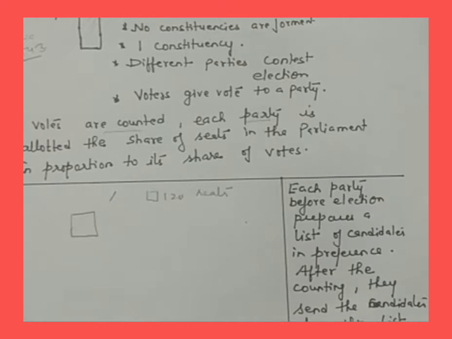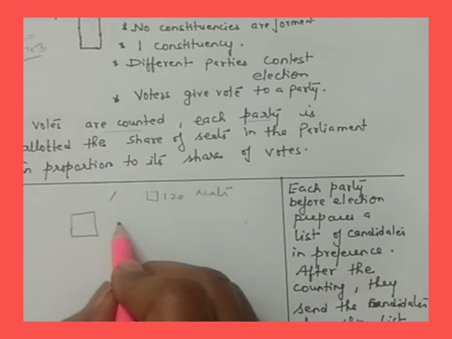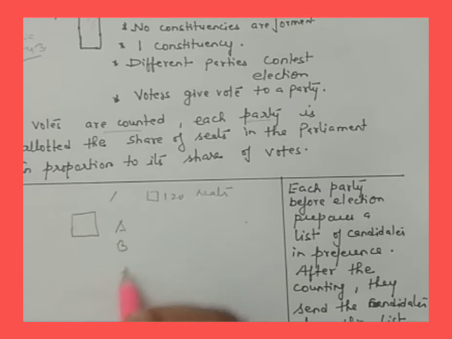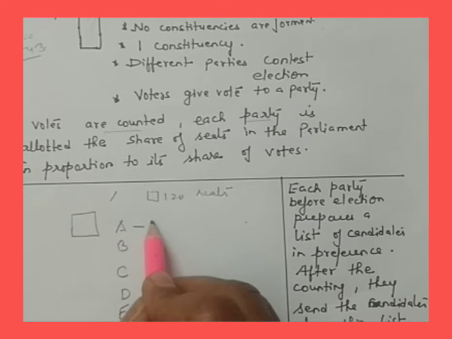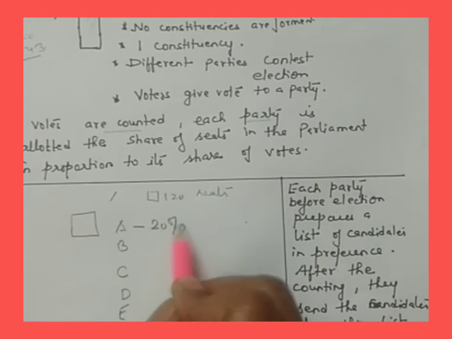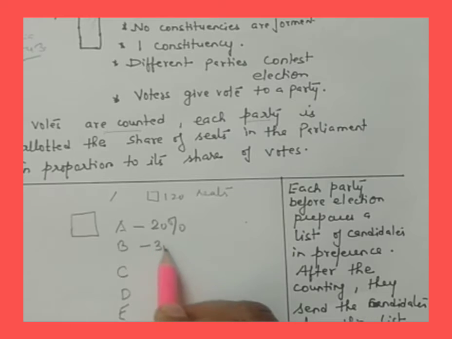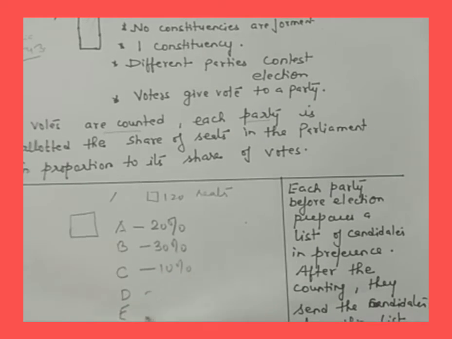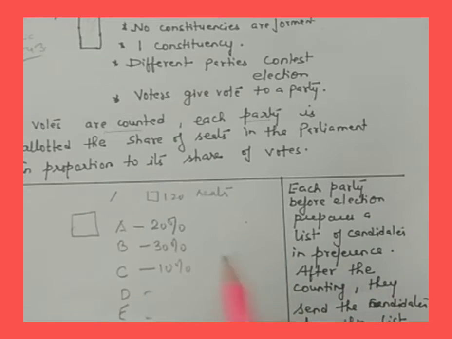There can be 7, 8, 9, 10 parties. So say A, B, C, D, E. These are the parties who have contested the election, and after the counting was done, A got 20% of the vote, B got 30% of the vote, C got 10%, and D and E also got some amount of vote.